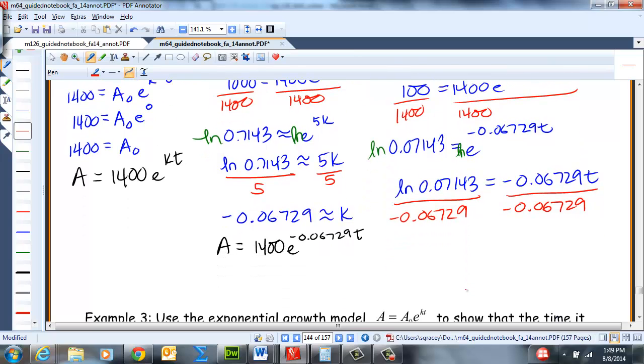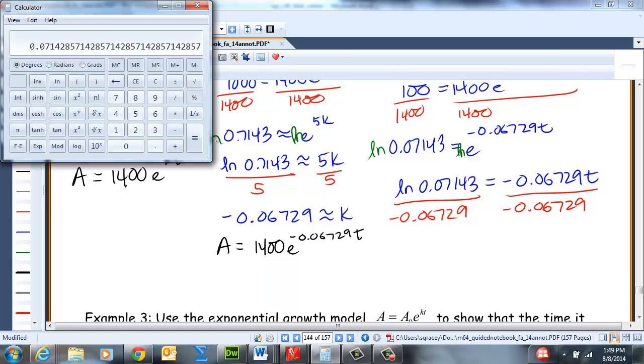And we'll have, let's see what we get. 0.07143, want the natural log of that, and then divided by 0.06729, and we want to change the sign, equals.